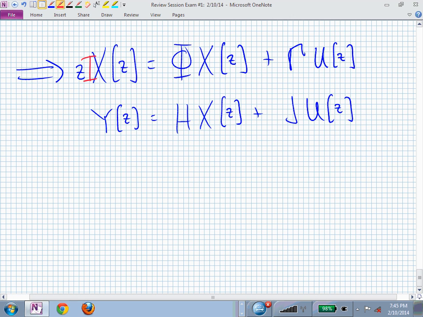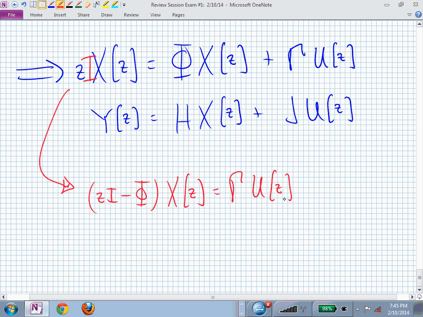I've just made my ability to combine these two terms involving capital X possible. Now I can combine those, meaning from this equation, I can now say I have zI minus phi X of z equaling gamma U of z.